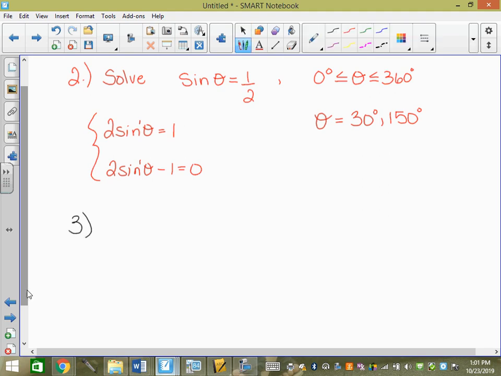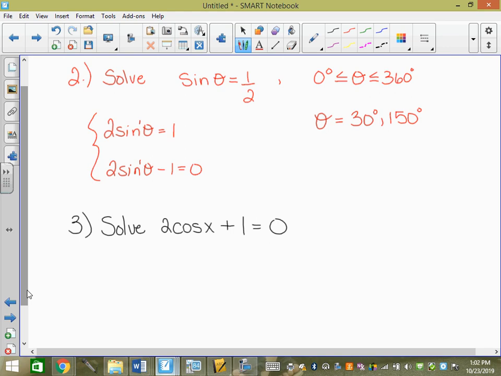Number 3, solve. 2 cos x, because it doesn't have to be a theta, right? 2 cos x plus 1 equals 0. Now I have to give you some sort of domain.